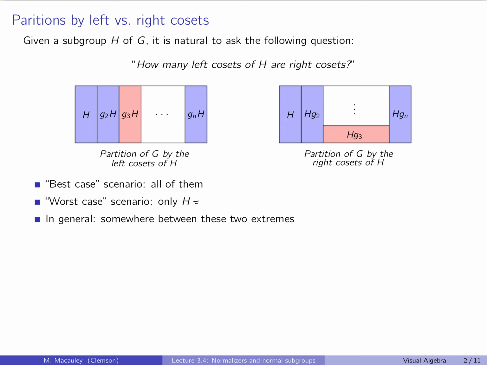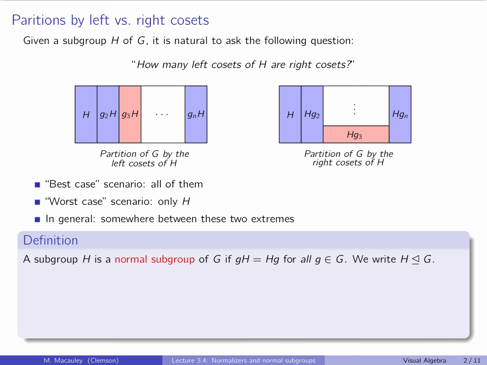Remember, H is the identity times H, but it's also H times the identity. In general, if neither of these scenarios hold, then it's going to be somewhat in between. There might be some left cosets that are right cosets, but not all of them.